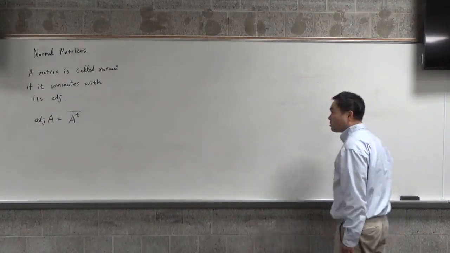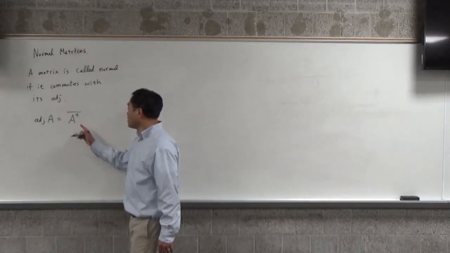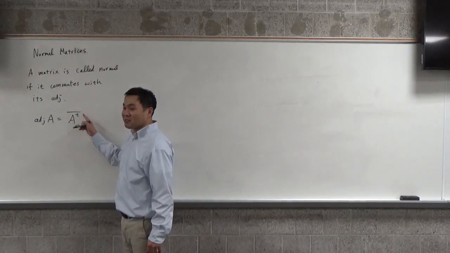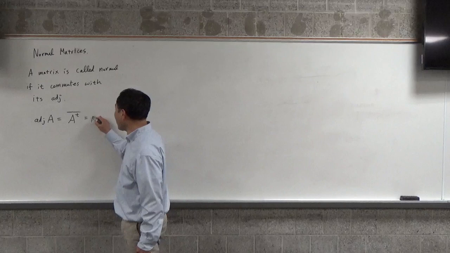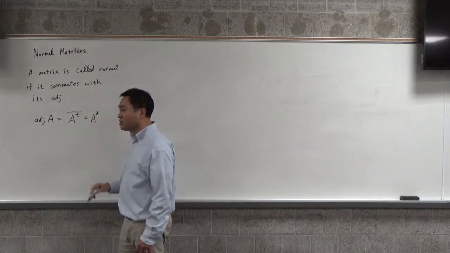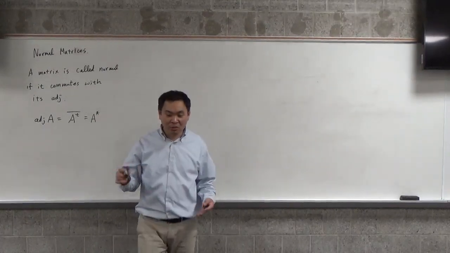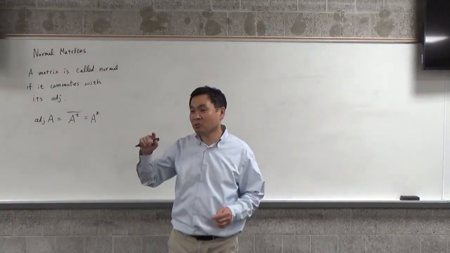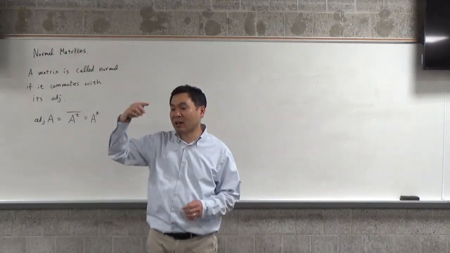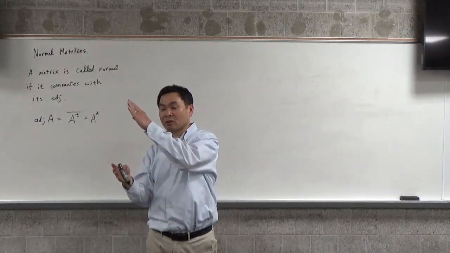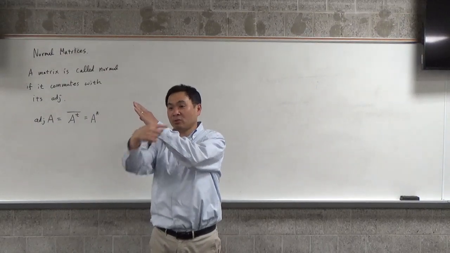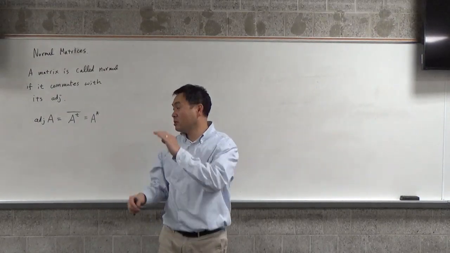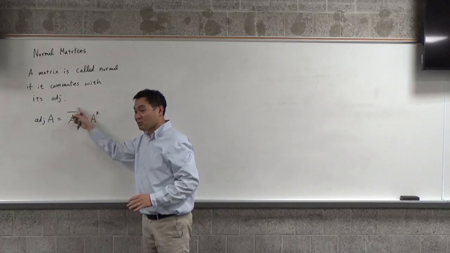It's very customary, instead of writing bar and then t all the time, to just write A with A star. So A star means you take the transpose, which means you flip the matrix over the diagonal, and then you take the complex conjugate.